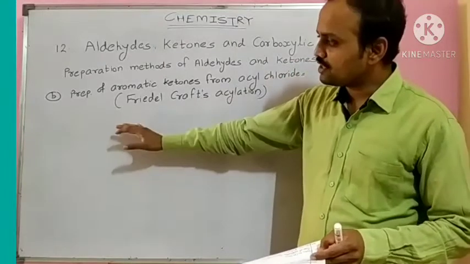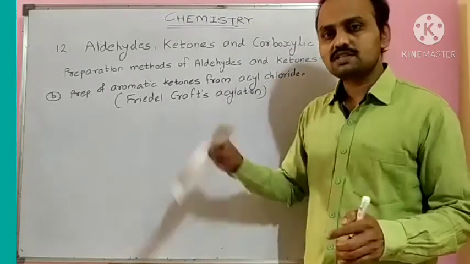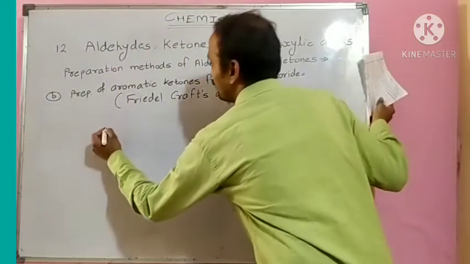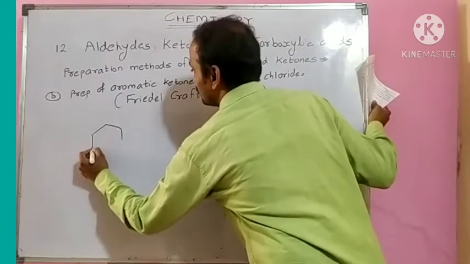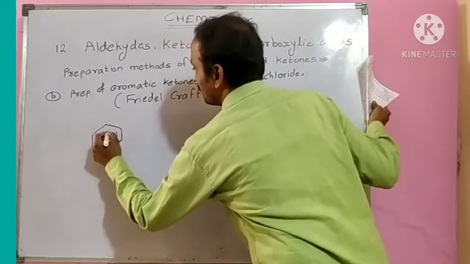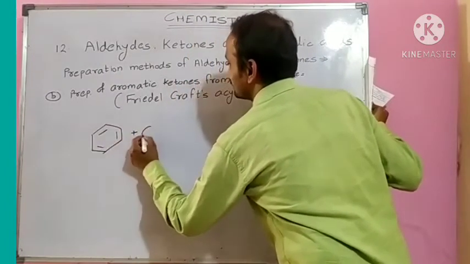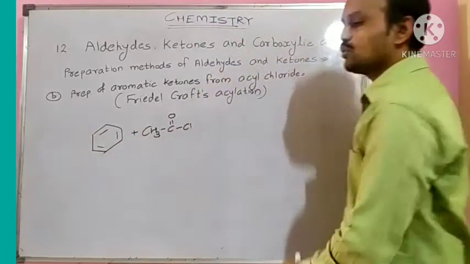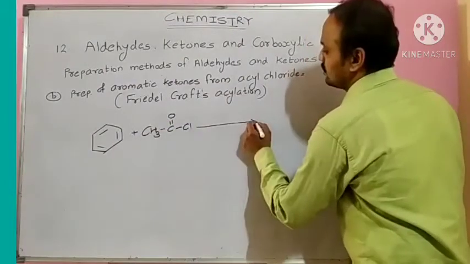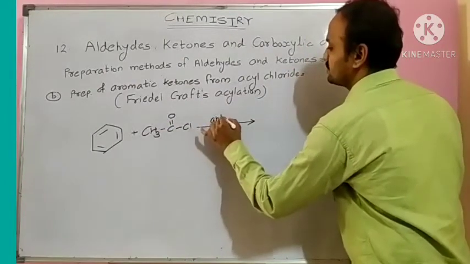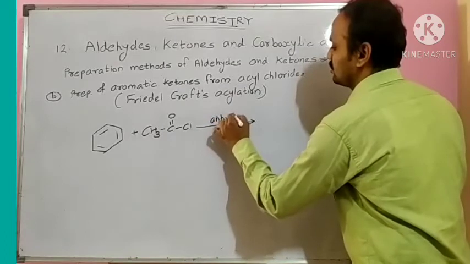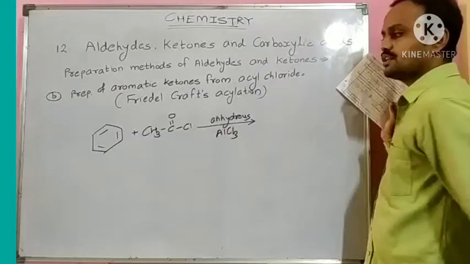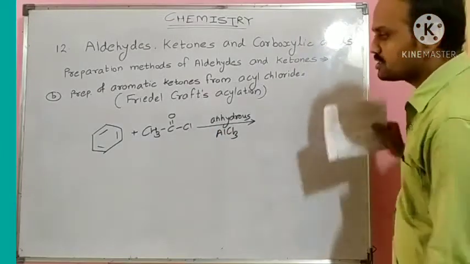So the same reaction I will write here. Please see and try to remember this reaction. We have benzene plus acetyl chloride in presence of anhydrous AlCl3. What happens?